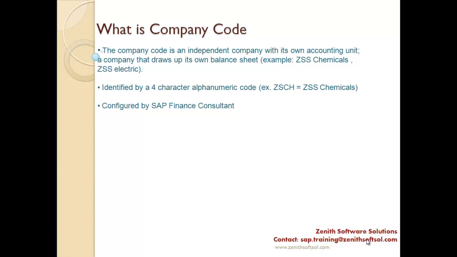When we do the practical, it will be more clear to you. I will be showing that after I complete the slides. Company code is configured by the SAP Finance Consultant. But as an SAP HCM consultant, you need to know the company code because it's a part of enterprise structure.